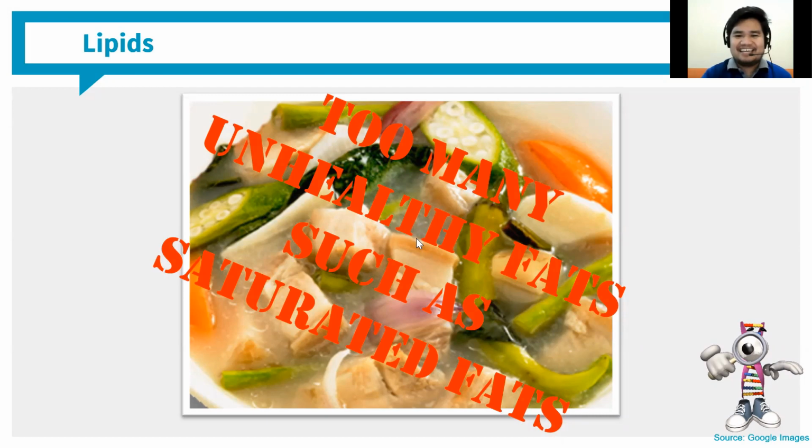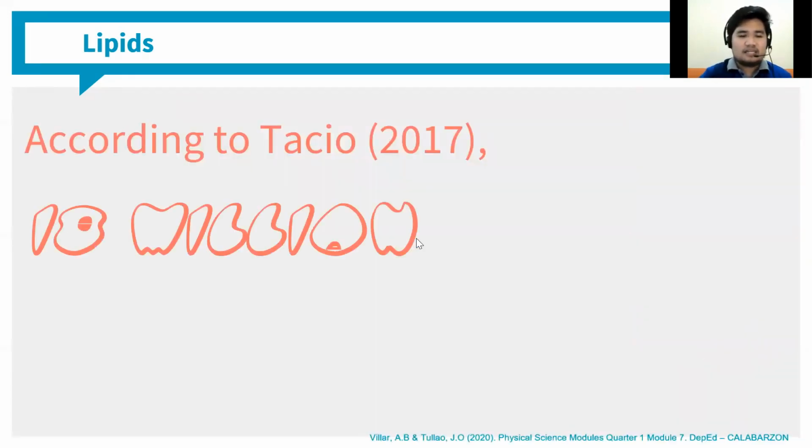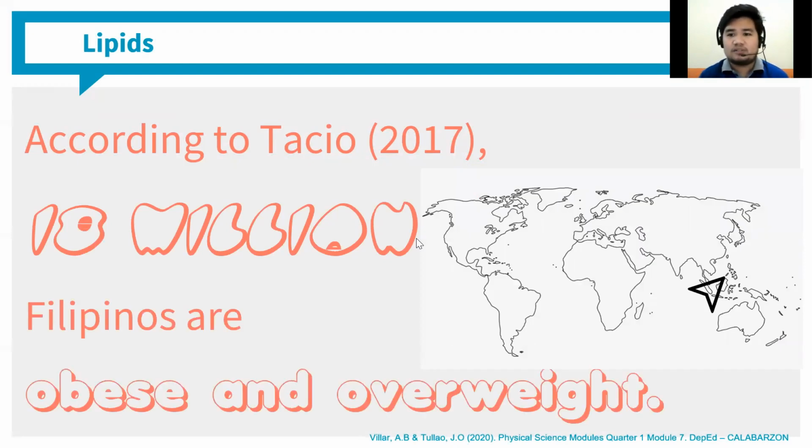Okay, next. According to Tasho in 2017, 18 million Filipinos are obese and overweight. So in 2016, this epidemic cost the country between $500 million and $1 billion, or equivalent to 4% to 8% of its healthcare spending.